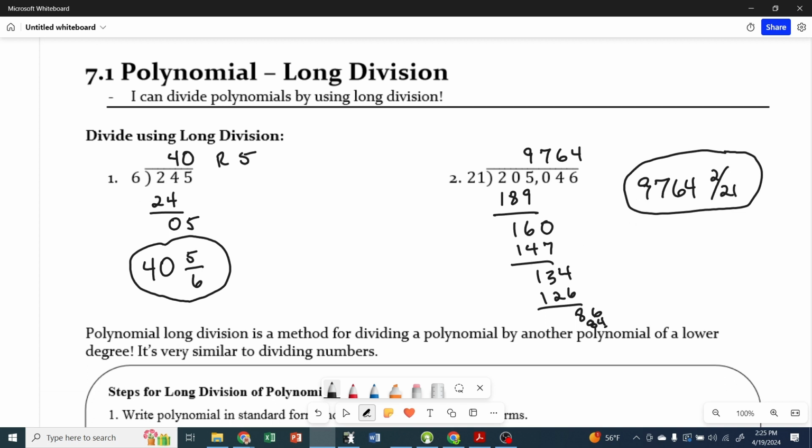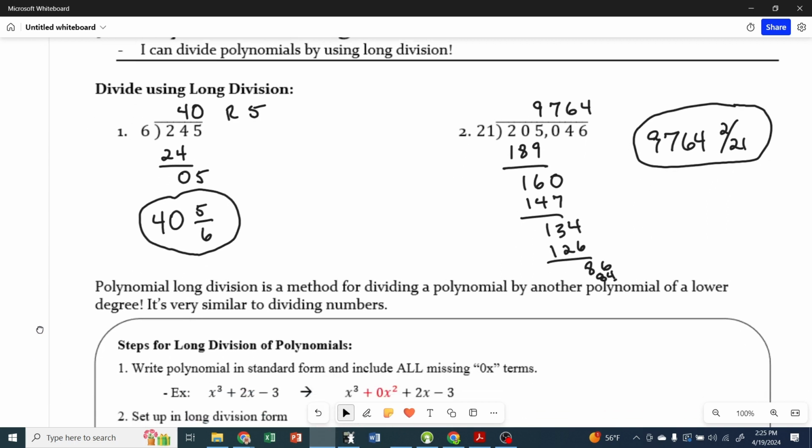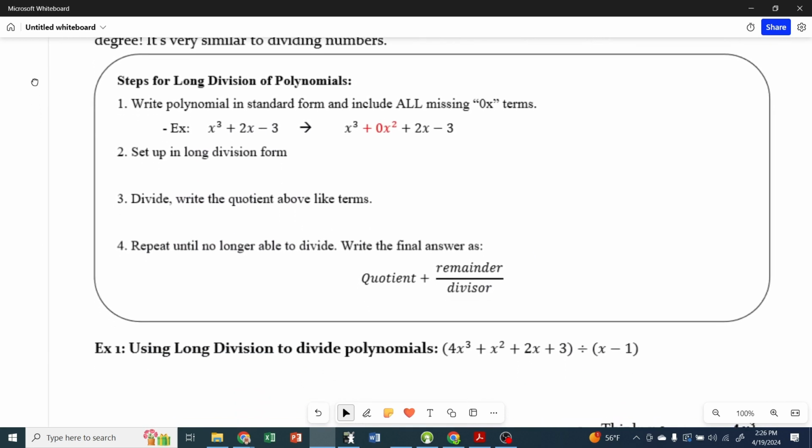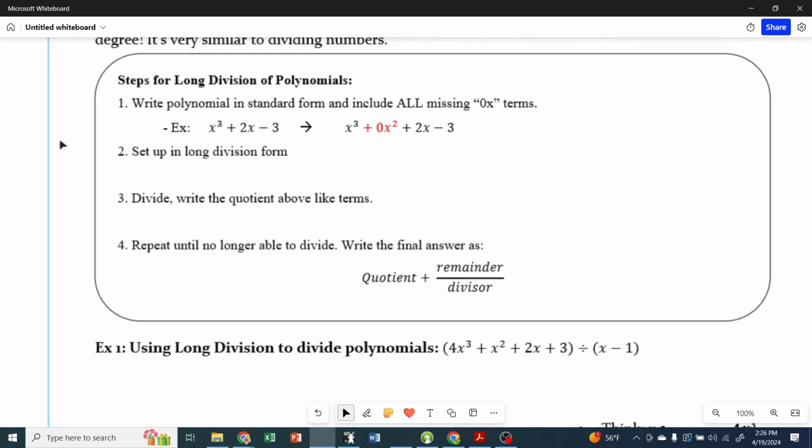Polynomial long division is just a method of dividing a polynomial by another polynomial of a lower degree. It's very similar to dividing numbers. So our steps. The first thing we want to do is write the polynomial in standard form, which means you're going to write it in descending order from largest to smallest of exponents. You'll notice here we go from having an exponent of 3 to an exponent of 1.